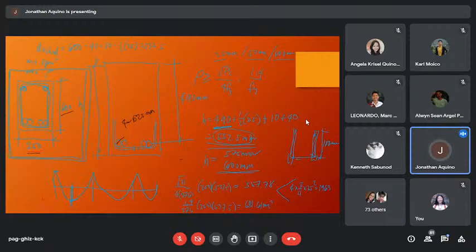So from this design, let's try to determine the capacity considering the cracked section and the mathematical equation using the internal couple from the steel and concrete.